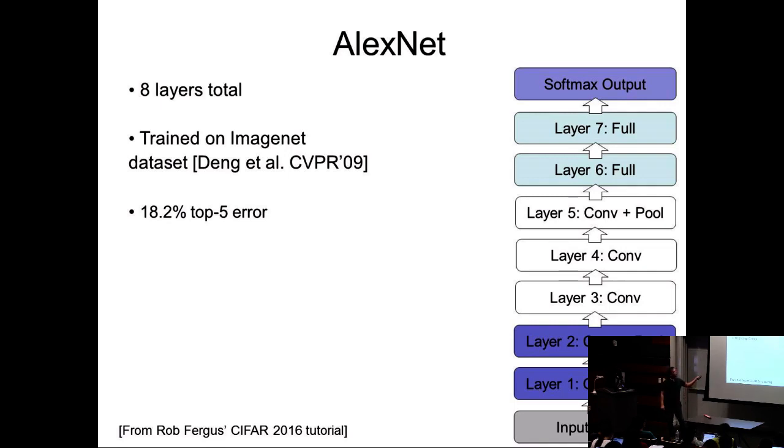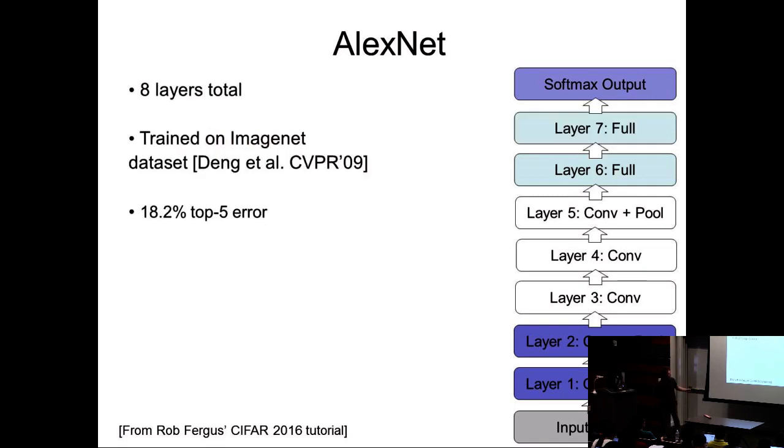The best performing hand-engineered system at that time was 27 or 28%. And that was done by large computer vision teams from well-known universities who were competing on this particular data set, right? So it dropped from 27 to 18%. And if you do an ensemble of these methods, you could go down to 16%. So again, it was a huge gap in accuracy.